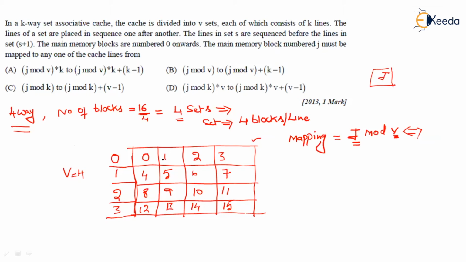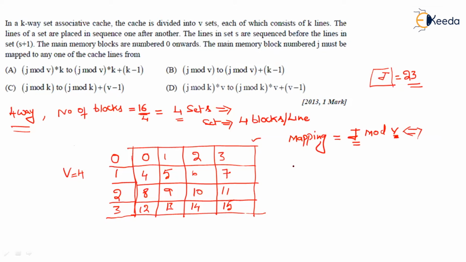Now, let us take J also as a number. Let us say this is the 23rd block of the main memory. This 23rd block exactly gets mapped to where?